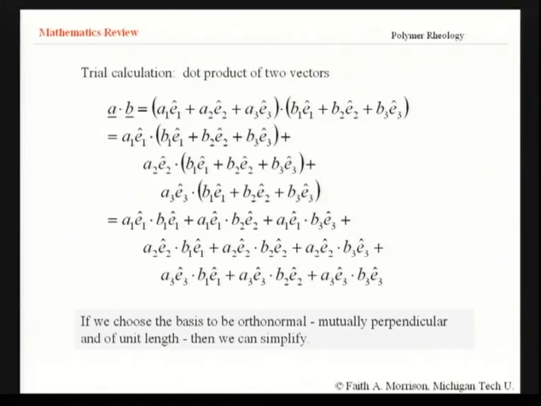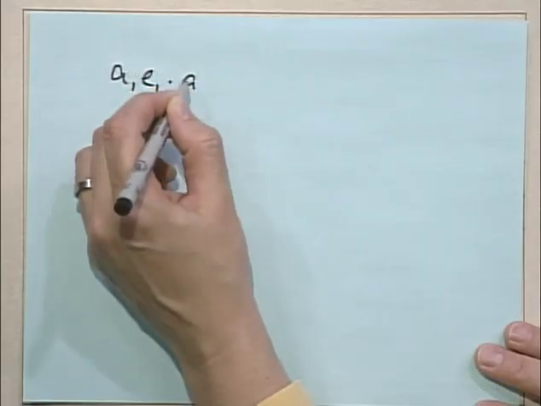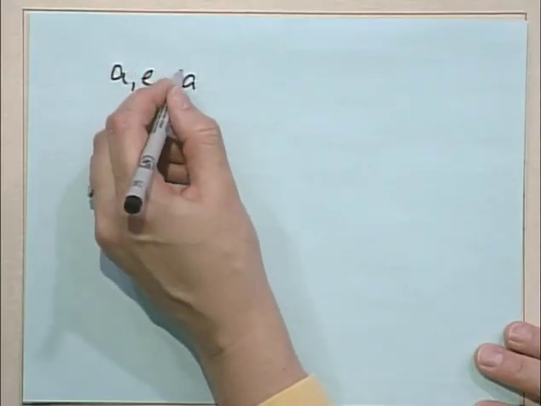so that we can simplify these expressions. And we can simplify, for instance, this expression A1 e1 dot B1 e1. Again, formally using the rules of associative and commutative law.